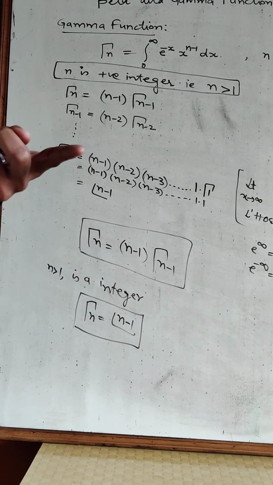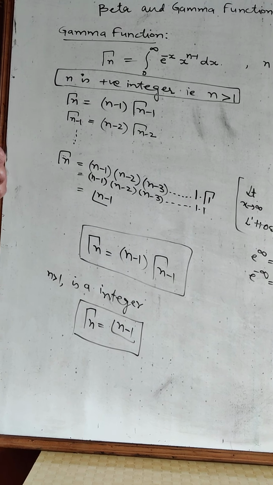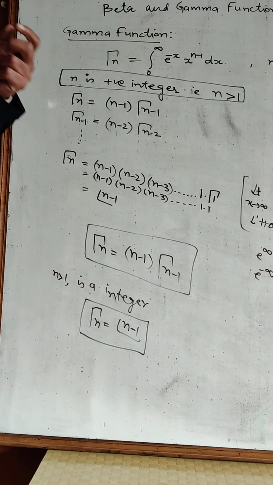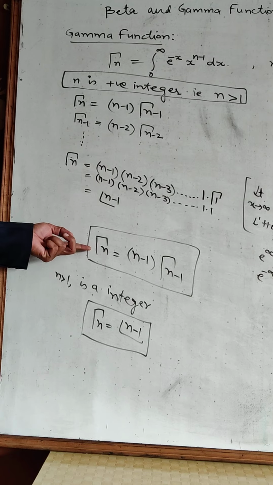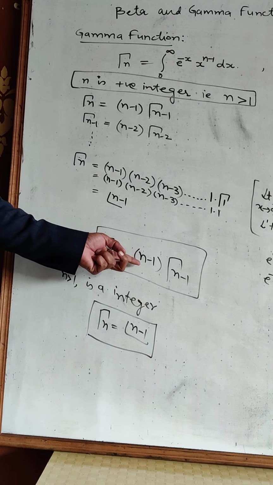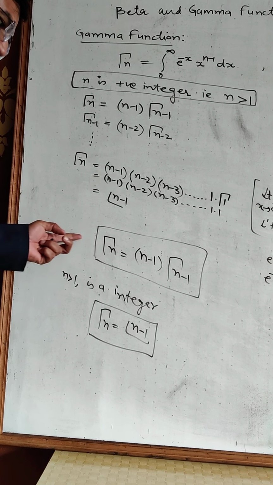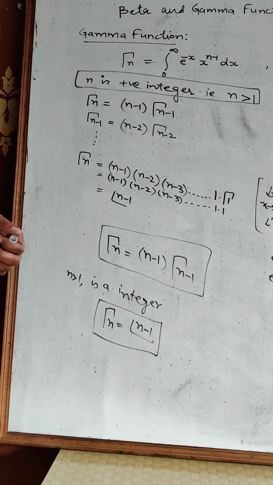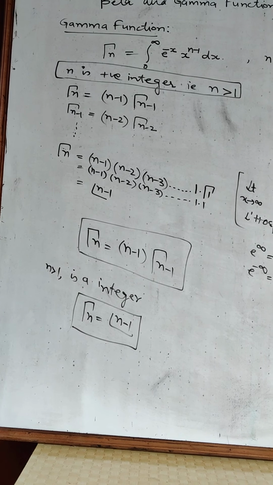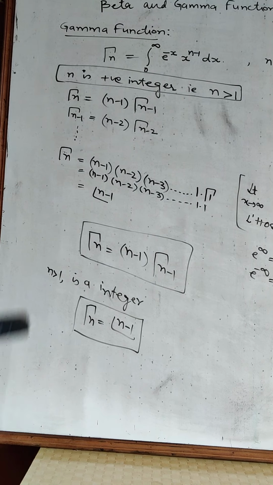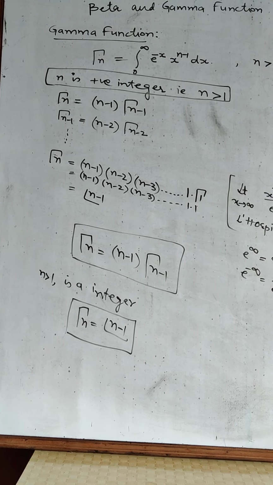Its power must be 1, and there must not be any constant multiplied to it. Second thing, the recurrence relation for the gamma function is gamma of n is equal to n minus 1 gamma of n minus 1. And there is also a special case, if n is greater than 1 and an integer, then gamma of n would be factorial n minus 1.